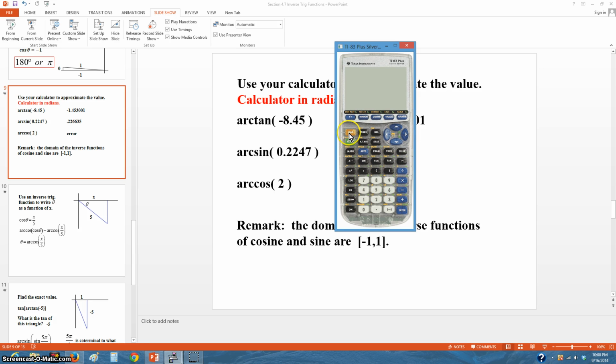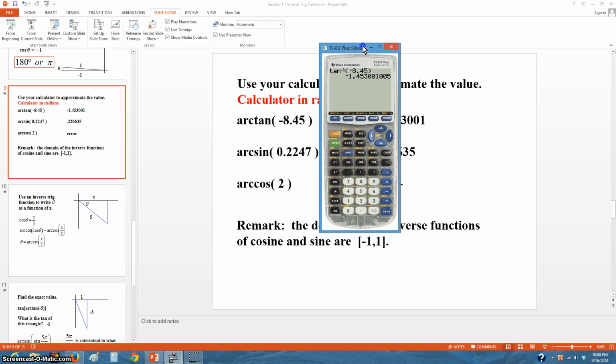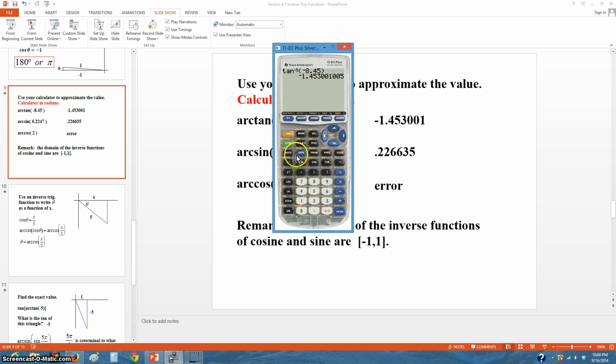All you have to do is press second tangent, and that pops up. Just type in negative 8.45, and it should match the answer that we have up there, which is negative 1.453001, or to 3 decimal places, negative 1.453.